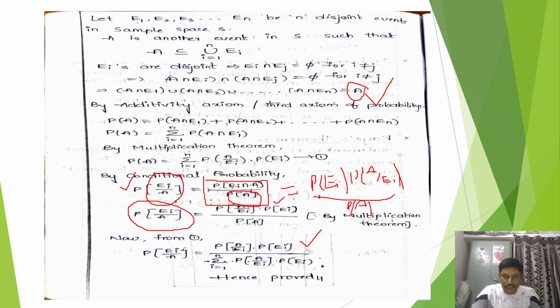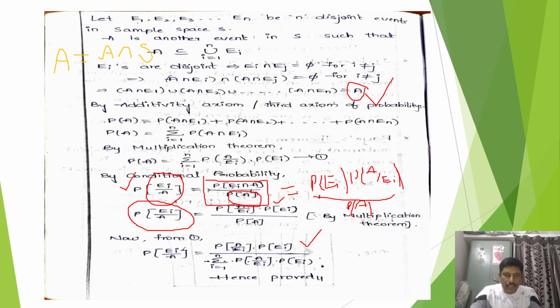So please observe carefully. Okay, is it visible? Yes. So I am writing A is equal to A intersection S. Clear?